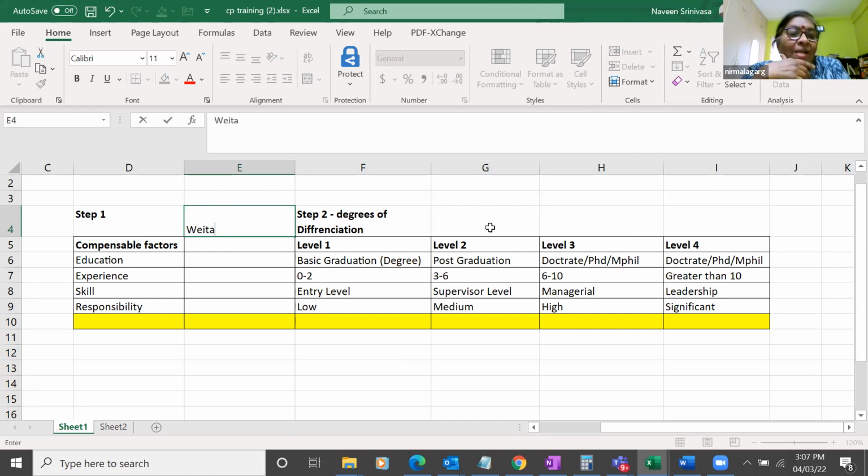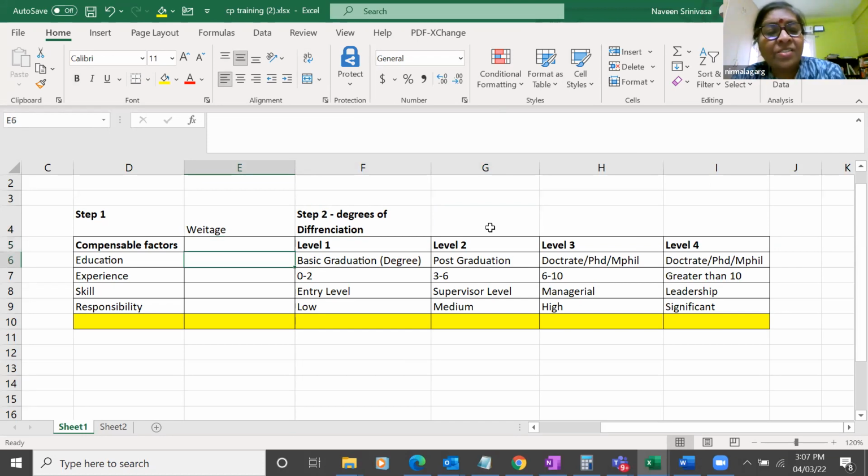Now, as a group, for those positions which we are going to do, just think about the weightages. They don't have to be very, very accurate. Discuss and say, for education, what weightage you want to give, for experience, for skill, and for responsibility.